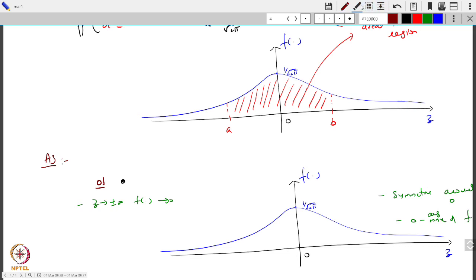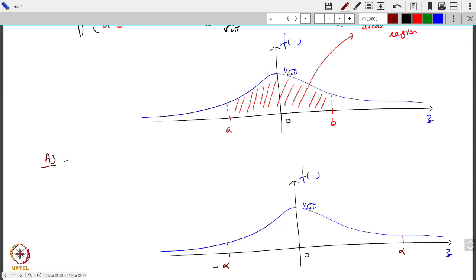So the first thing you observe is this. Let me call this point alpha here, and this point minus alpha, the symmetric point across. I have not drawn it correctly, but the distance is the same.